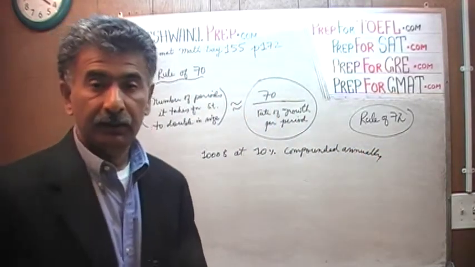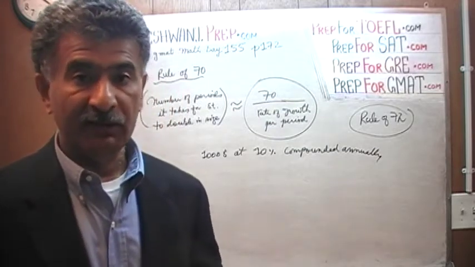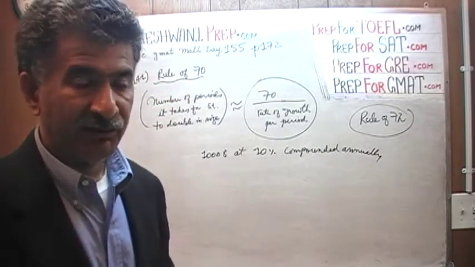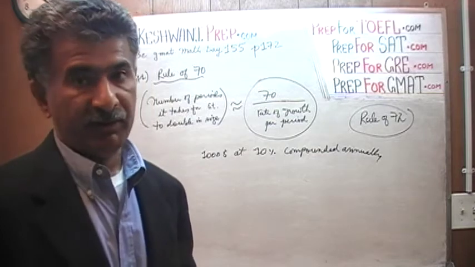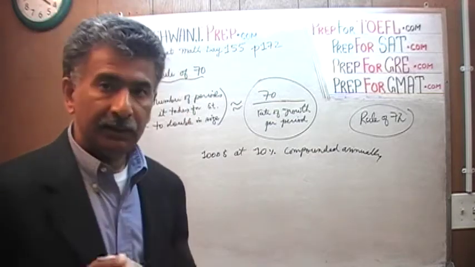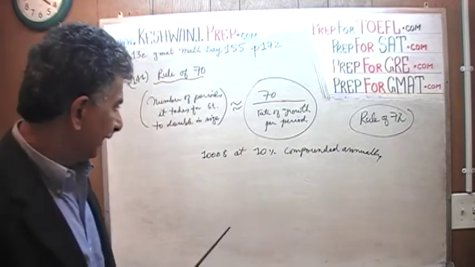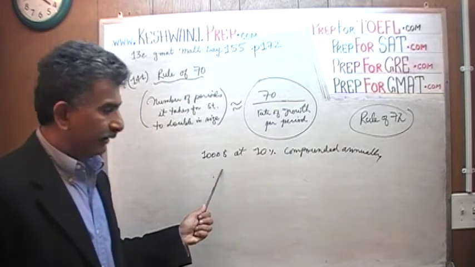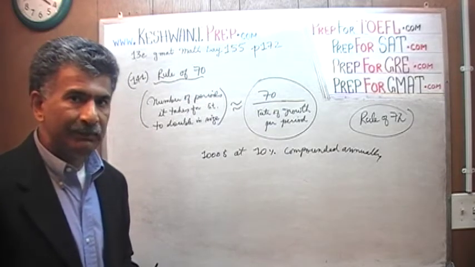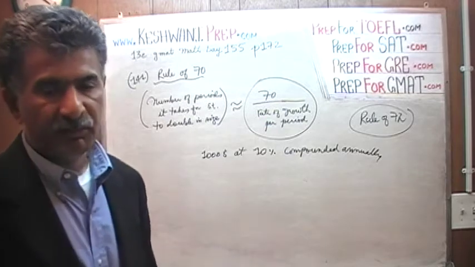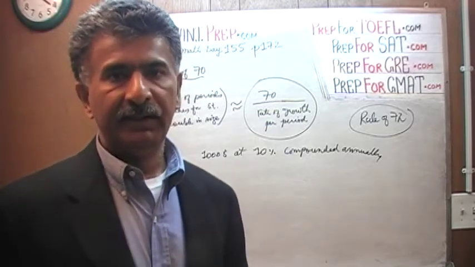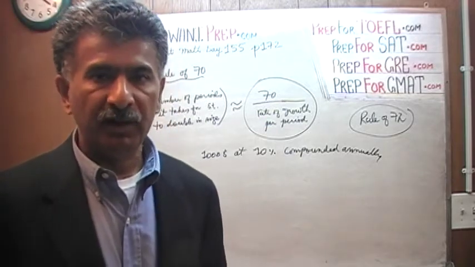Of course, in theory, what we're talking about is constant compounding every fraction of a second, but let's not make it too complicated. Compounded annually, one may leap to the conclusion that if it pays you 10% interest and I leave the money in the account, it will take 10 years for it to double in size.